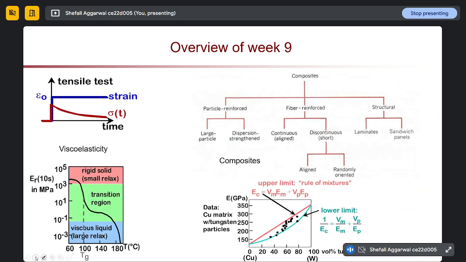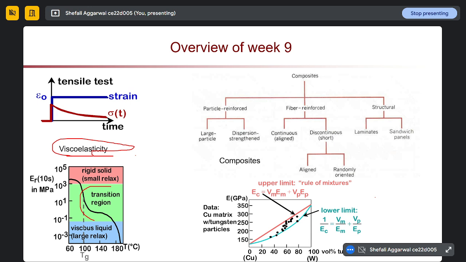Next thing is about viscoelasticity. So what is viscoelasticity? Viscoelasticity is a transition region from liquid to solid. Materials which have properties in between solid and liquid are called viscoelastic materials.